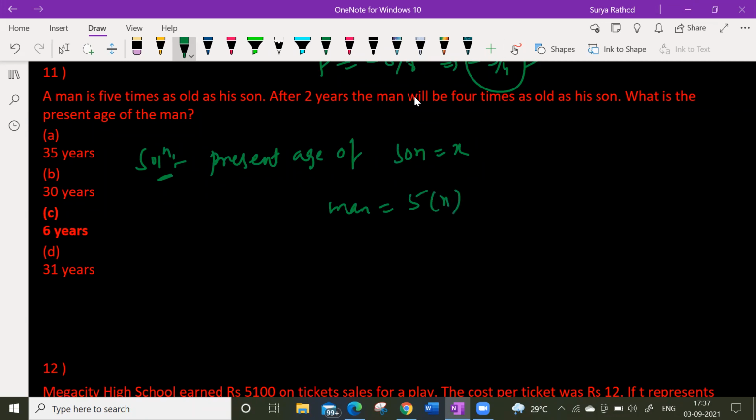So 5x, isn't it? Yes or no? So after 2 years, what is the son's age? It will be x plus 2.